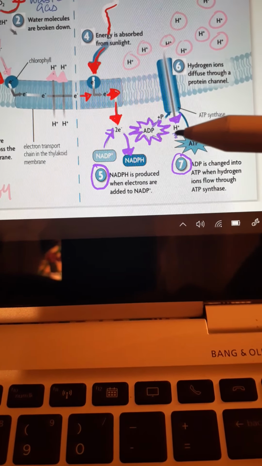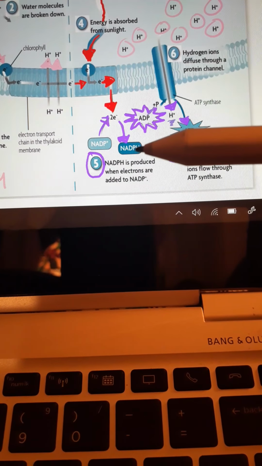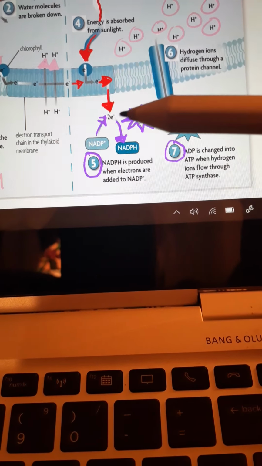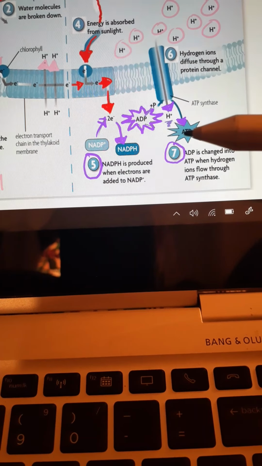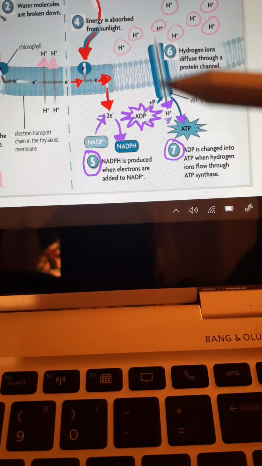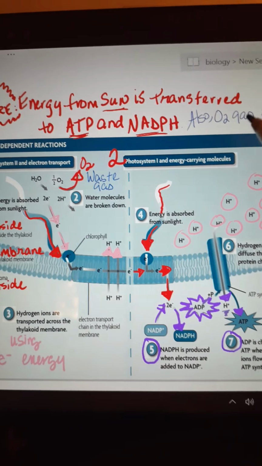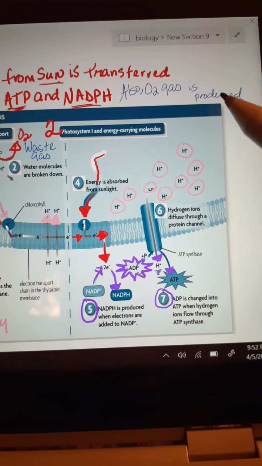And the hydrogen and the electrons are going to make this molecule here. So we've got used up hydrogen plus the electron energy to make this molecule. And then the ATP is going to use the energy from the hydrogen ions rushing through the channel. So when all is said and done, the energy from the sun is transferred to these two molecules, and oxygen gas is produced as a waste product.